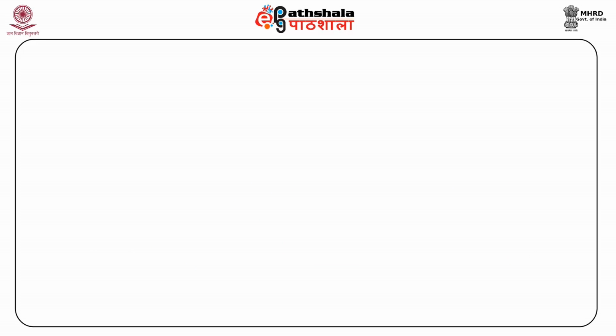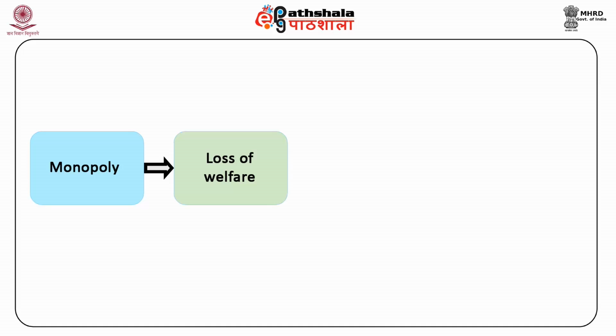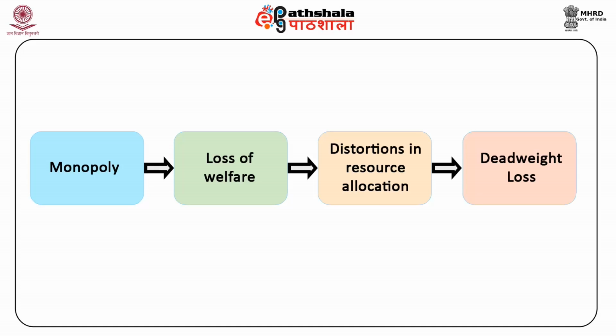We shall now discuss the deadweight loss under monopoly. Monopoly not only causes loss of social welfare but also distortions in resource allocation. The suboptimum allocation of resources and loss of social welfare is known as deadweight loss.